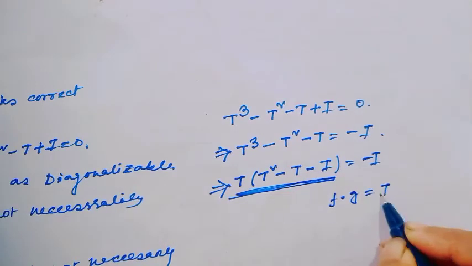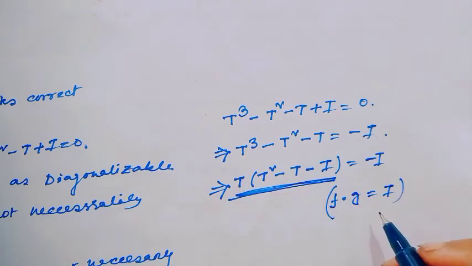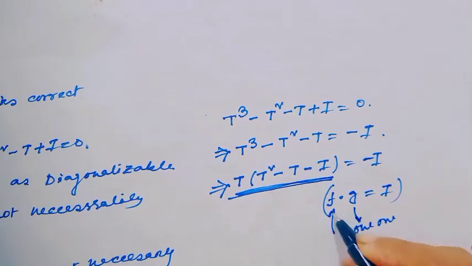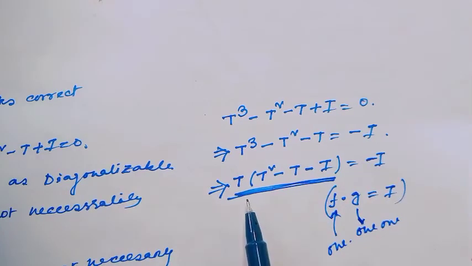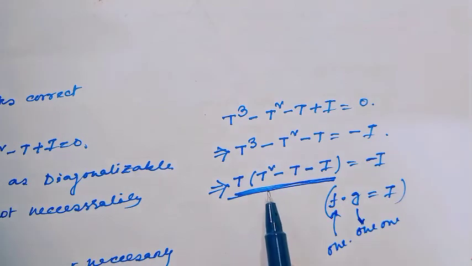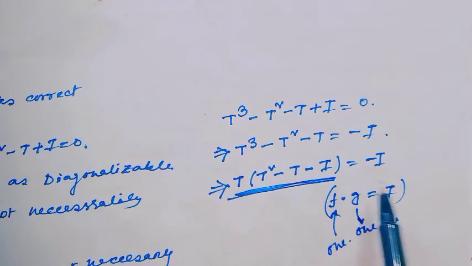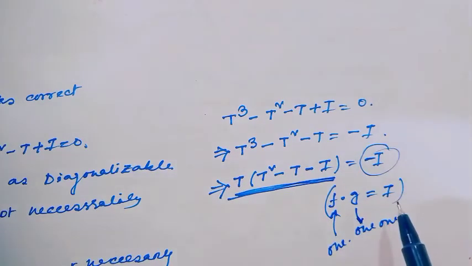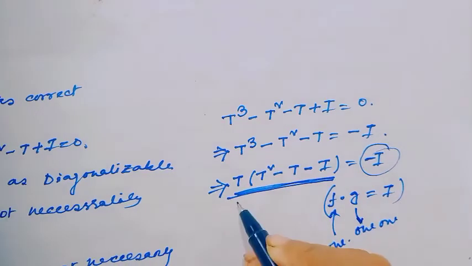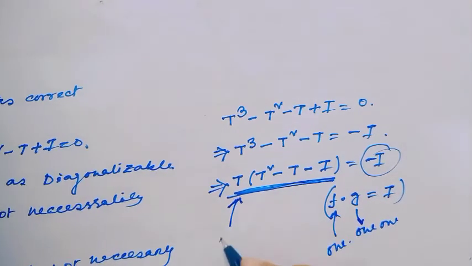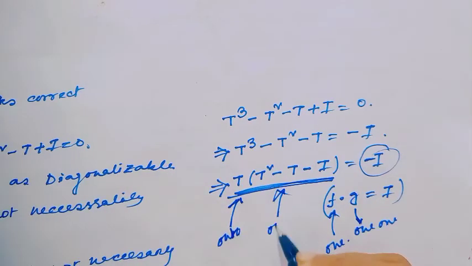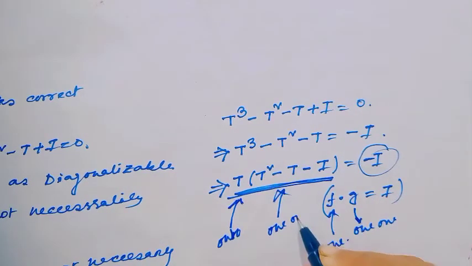Notice this looks like a composition of two functions, and when f composition g is identity, then obviously g is one-one and f is onto. Here the composition of two functions is identity, that means obviously T would be onto and the other function would be one-one.